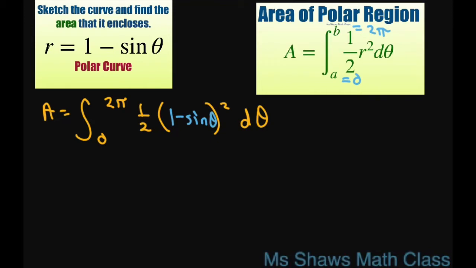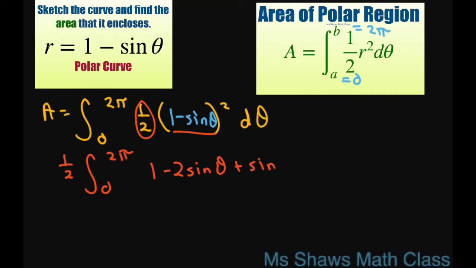All right, so let's simplify all this. I'm going to pull out the 1/2, from 0 to 2 pi. Expand this. This is 1 minus 2 sine of theta plus sine squared of theta d theta.